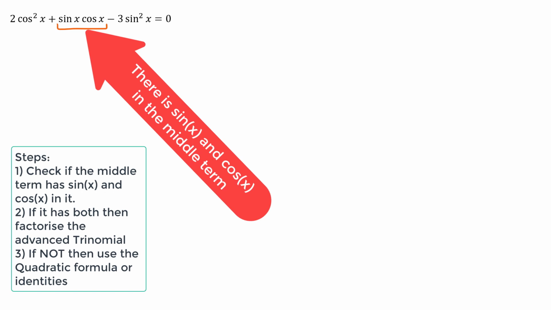However, if this central term had only had a sine in it, then what you could have done is actually used an identity in place of cos squared and made it 1 minus sine squared x, and then gone about simplifying the equation and treating it like a normal quadratic equation. But because it's got a sine and a cos in that central term, we can't do that.